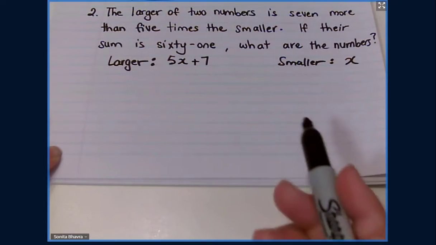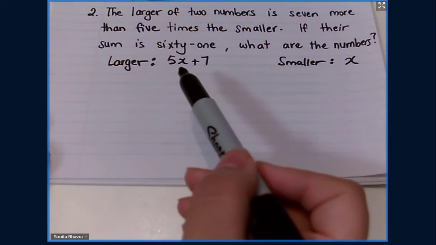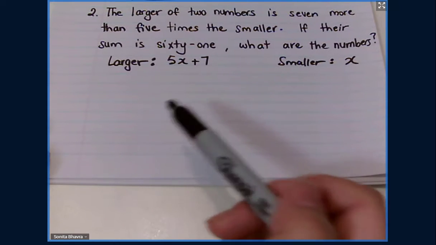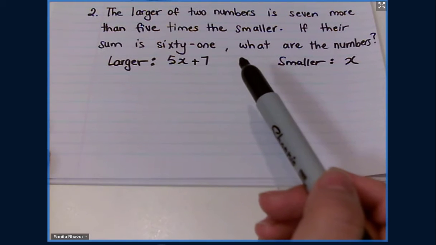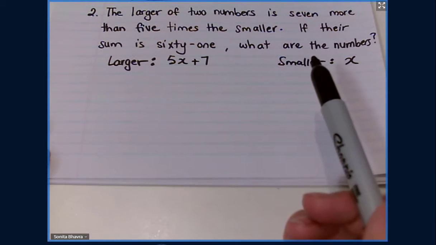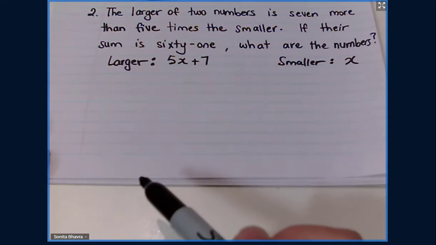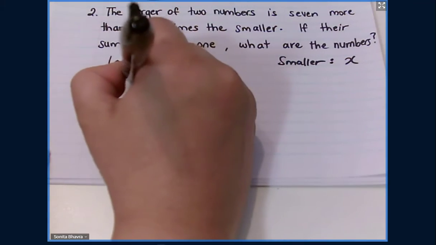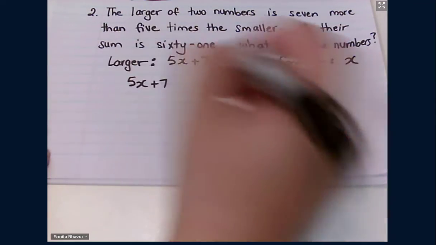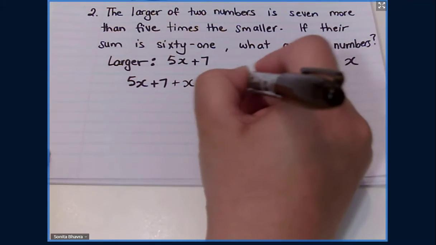All right, so our smaller number is just x, and our larger number is represented by 5x plus 7. And now the next statement here is that their sum is 61. So we have to add the two together and make it equal to 61. So 5x plus 7 plus x is equal to 61.